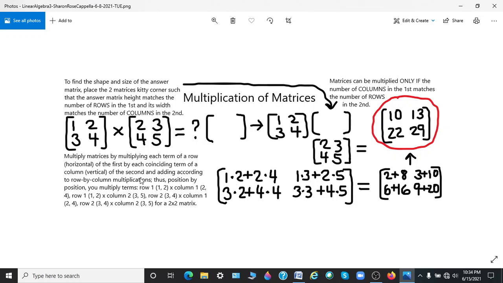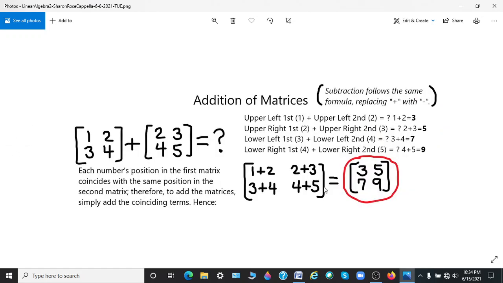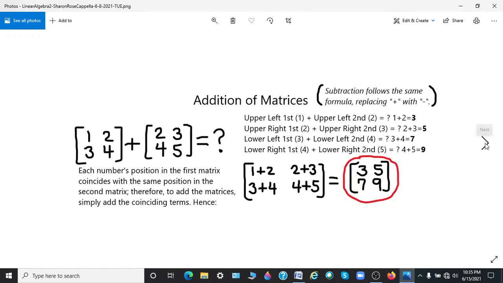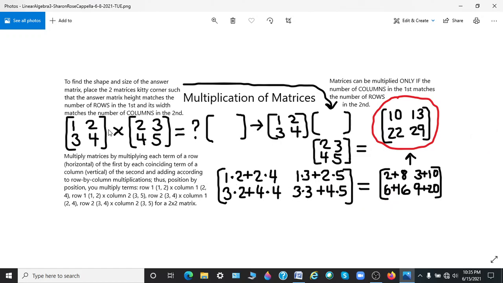So, if you then have these same matrices, you will recognize them from the last example. However, we are now not adding them, we are multiplying them. We are multiplying these two matrices together, and you don't even need to put the X. I just put it to overemphasize.